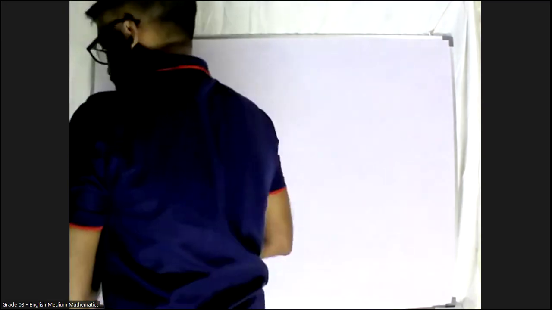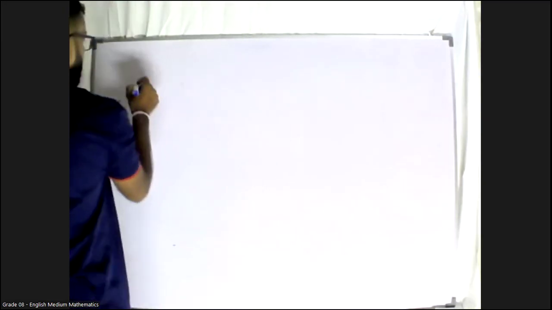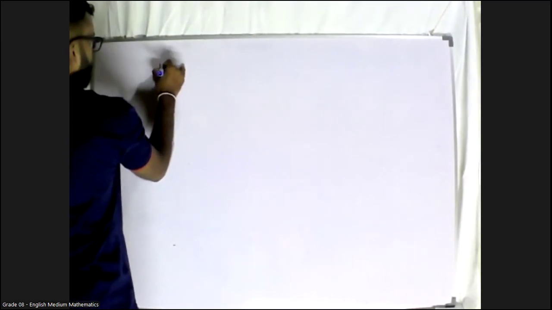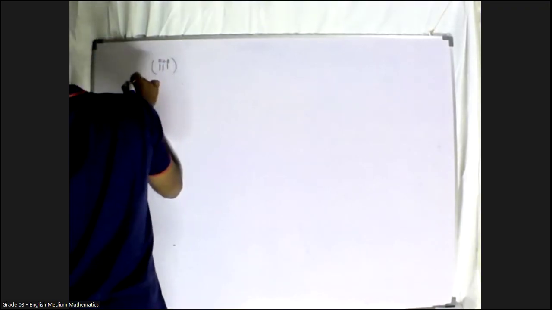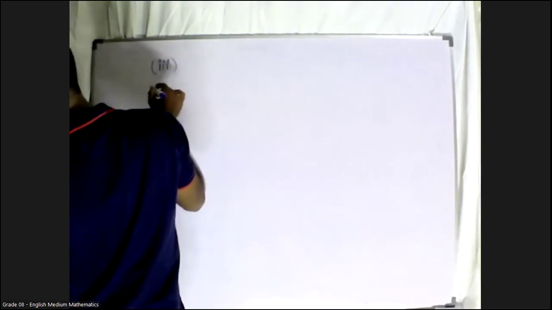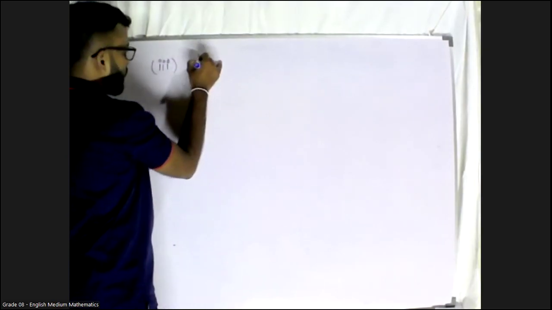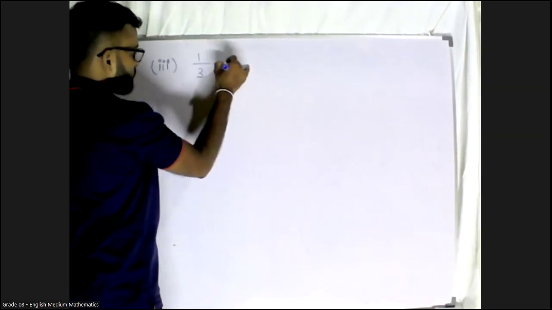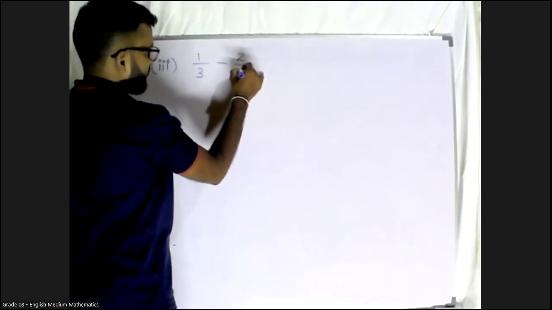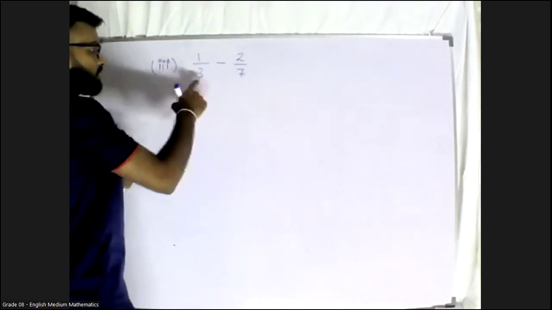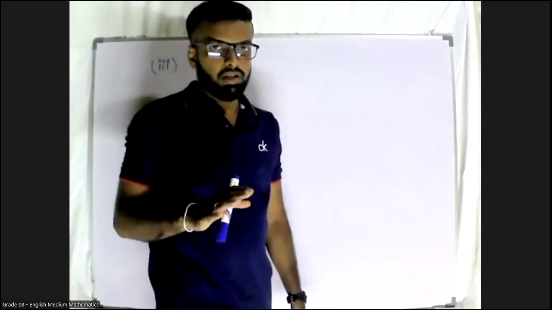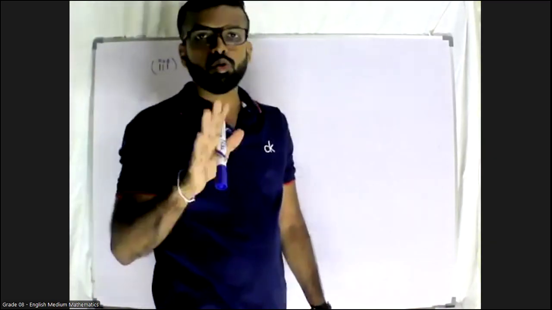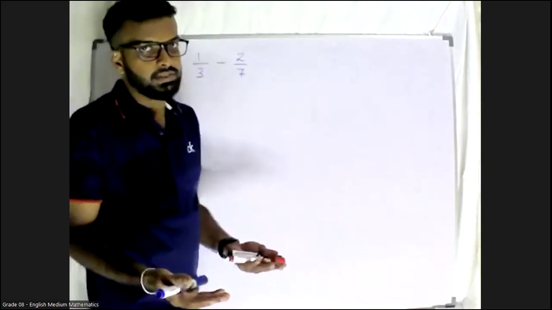Right. So the third one is something like this: 1/3 and 2/7. Right. So this is 3 and 7. Again, you have to find the LCM, right? If you are an expert, no need to find LCM, right?